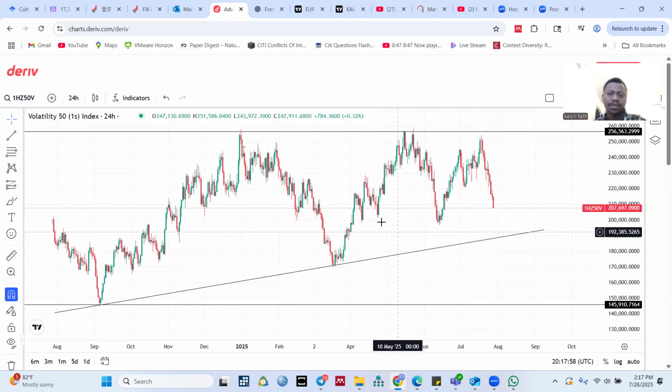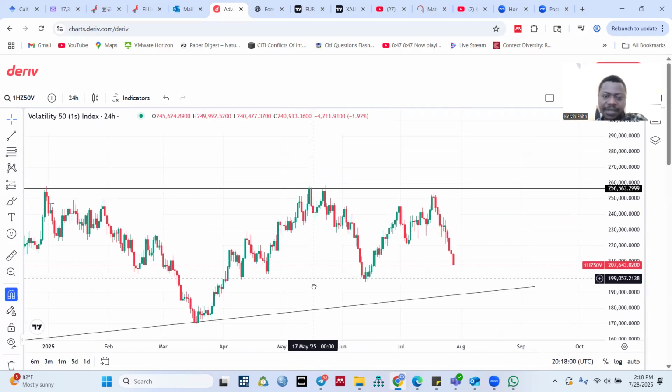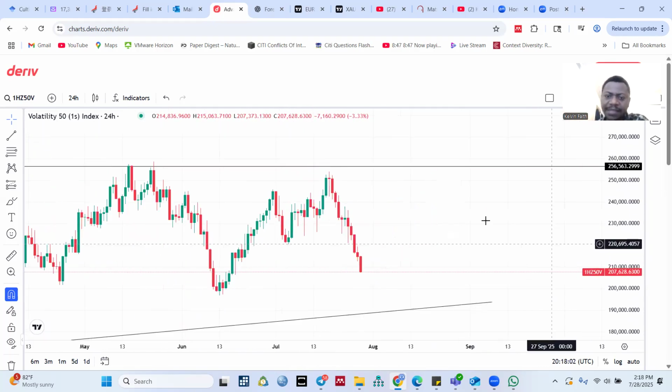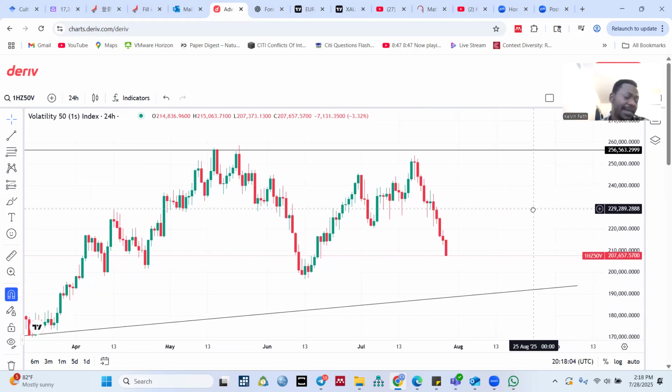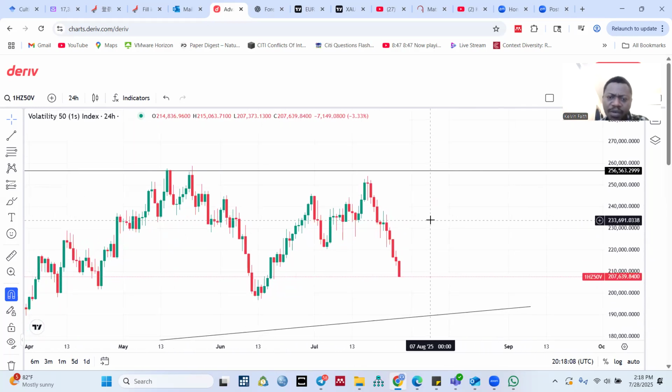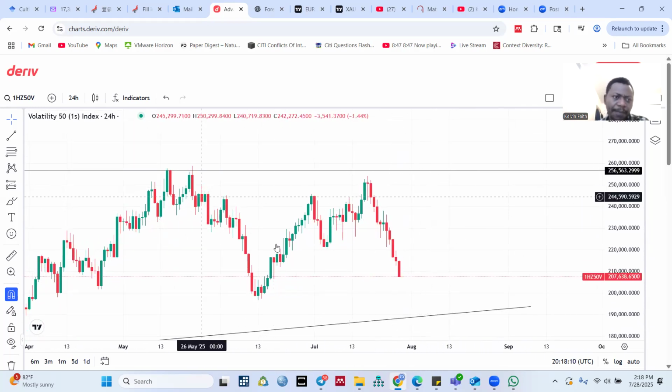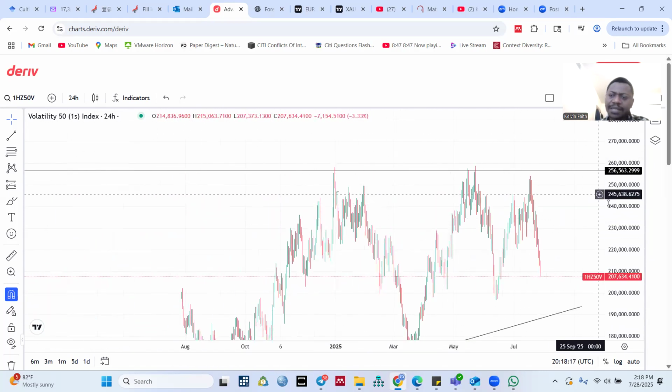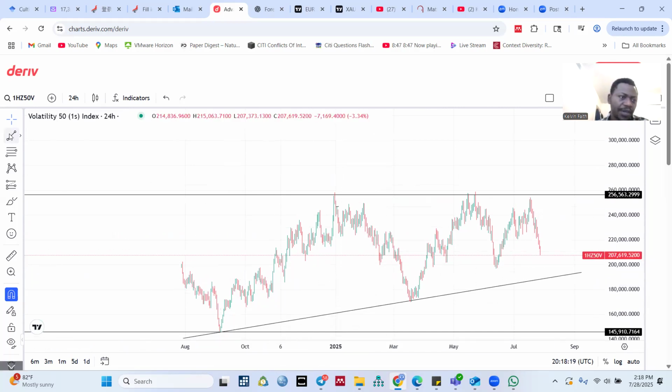Good. So I talked about dealing range. First I said we should look for the daily or weekly bias. This chart is giving me only the daily time frame. I'm not getting the weekly time frame with this derived trading view, and it doesn't give me the history at the top.